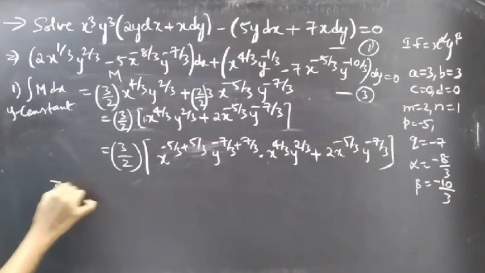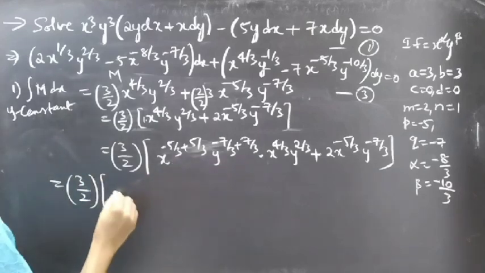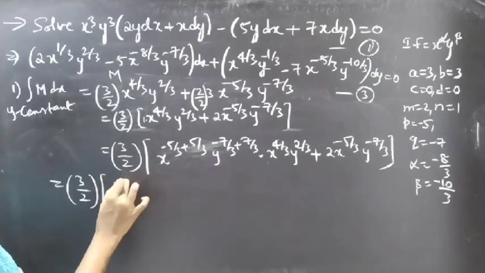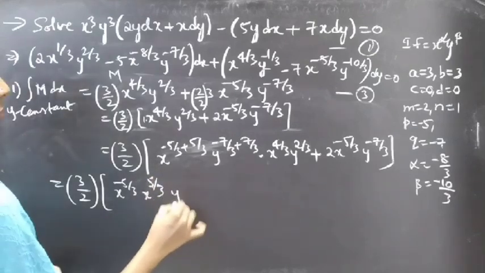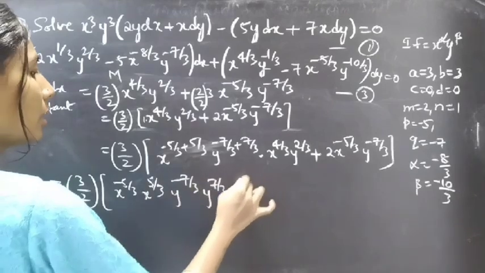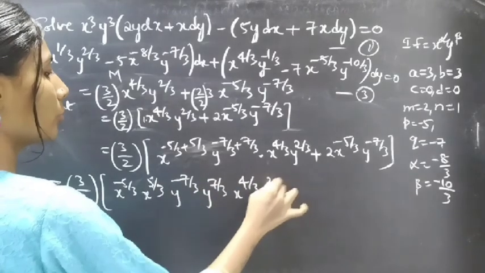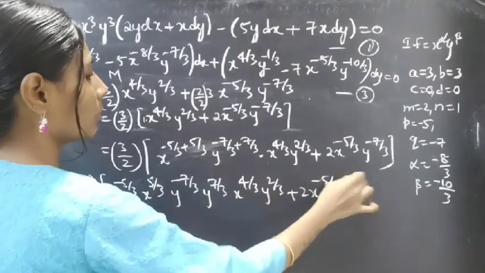Now we'll write this as 3 by 2 into, split these two terms, x power minus 5 by 3 into x power 5 by 3, y power minus 7 by 3 into y power 7 by 3, x power 4 by 3 y power 2 by 3 plus 2x power minus 5 by 3 y power minus 7 by 3.